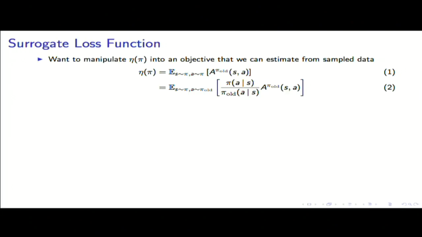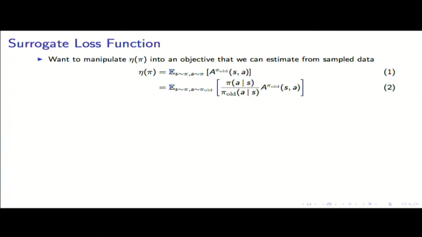We have this expectation over states sampled from the policy pi. If we're going to try to optimize over pi, then we can't compute this expectation at a new value of pi that we haven't tried out yet.